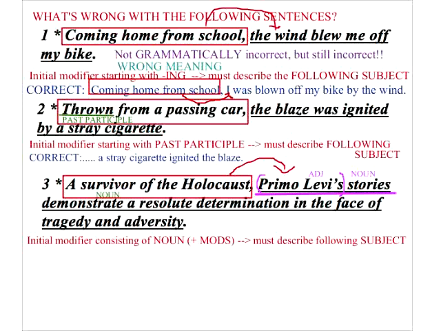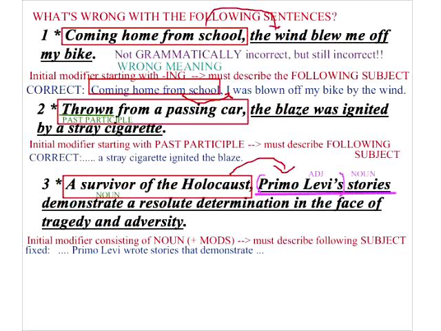That's incorrect because Primo Levi's stories are not a survivor of the Holocaust. Primo Levi himself was. So the way you would fix this would be to have Primo Levi himself as the subject. So Primo Levi wrote stories that demonstrate a resolute determination in the face of tragedy. Smiley face if that makes sense.